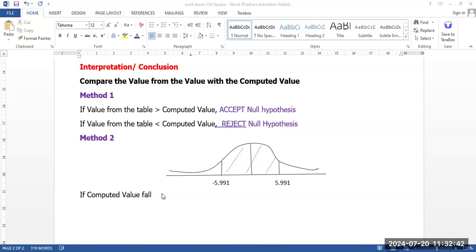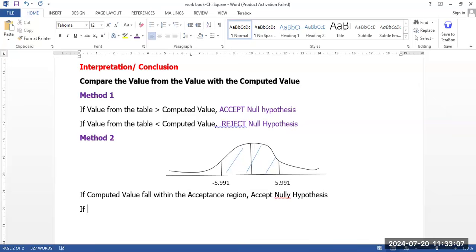If the computed value falls within the acceptance region, accept the null hypothesis.